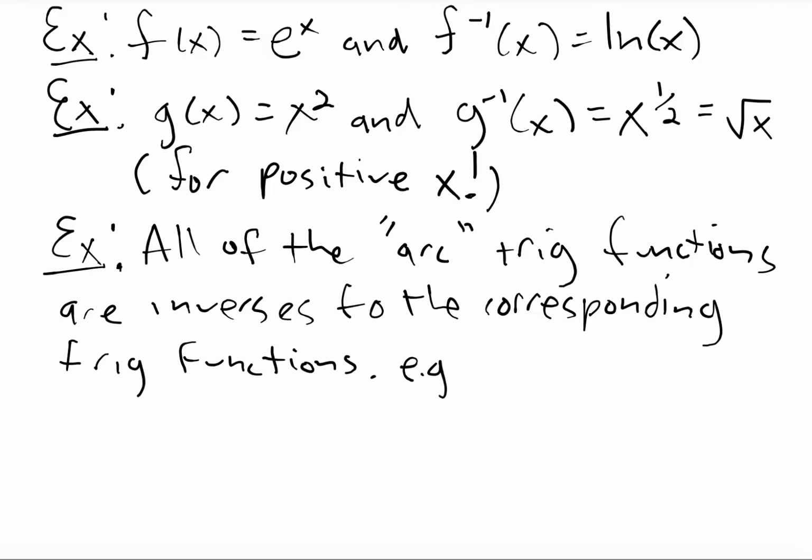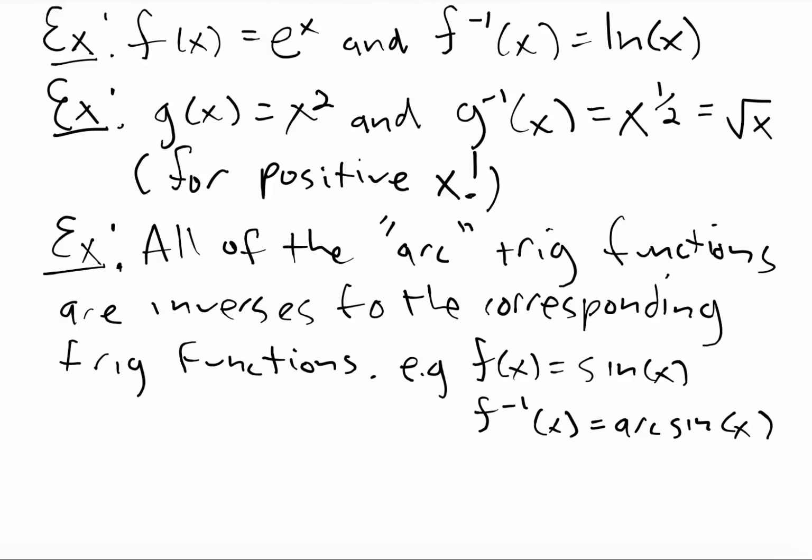So in other words, if I'm pairing f of x equals sine x with its inverse, in this case your inverse function is going to be arc sine of x.